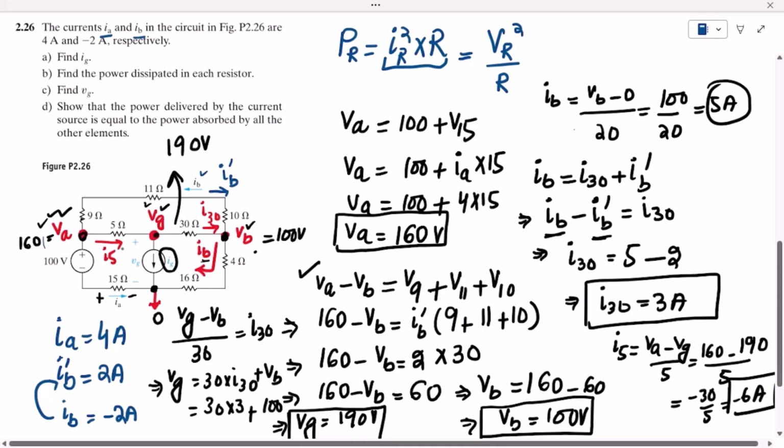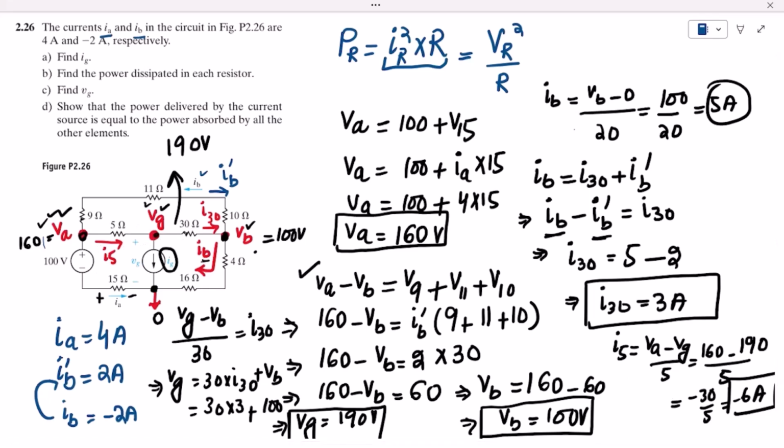So when this current is coming towards this point, it is split into two parts. One is I30, the other one is IG. So applying KCL here, at this point, we can see that I5 is equal to IG plus I30. The value of IG is not known while the other values are known.